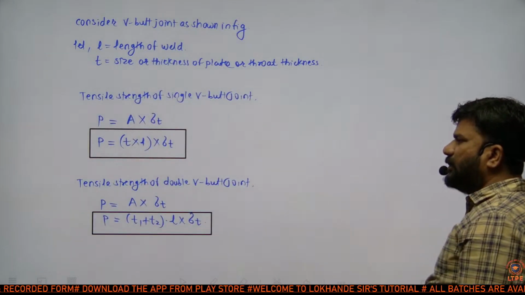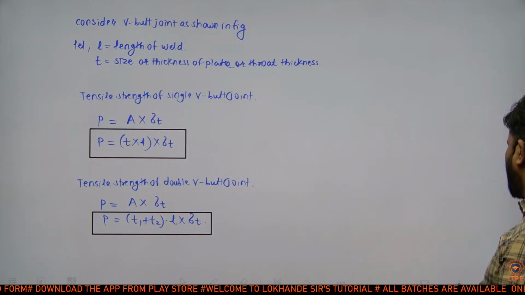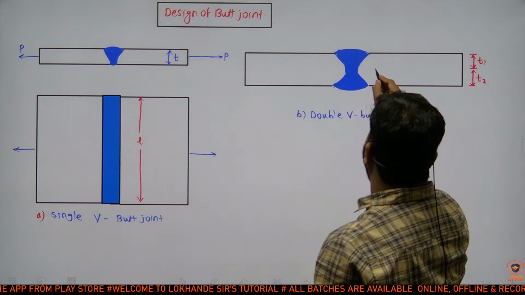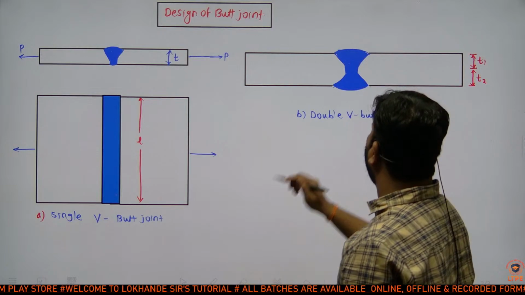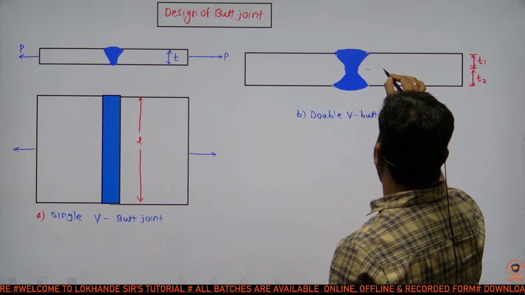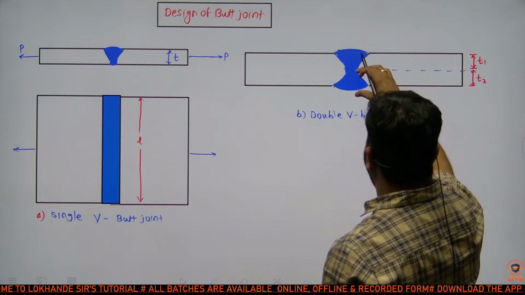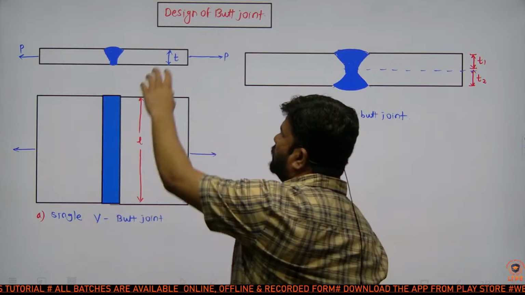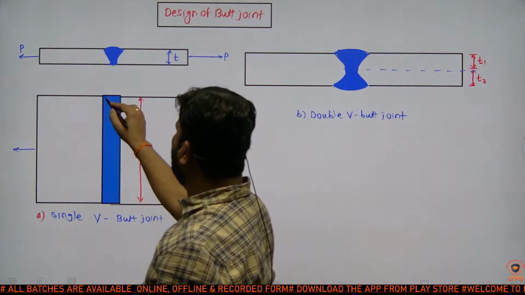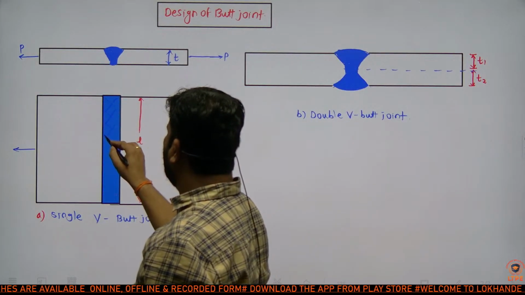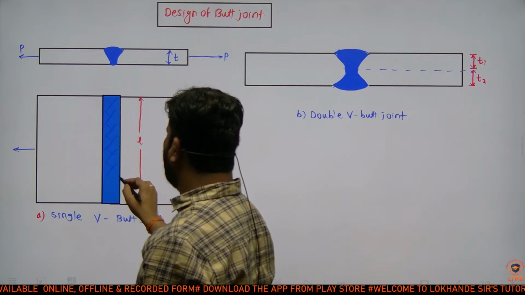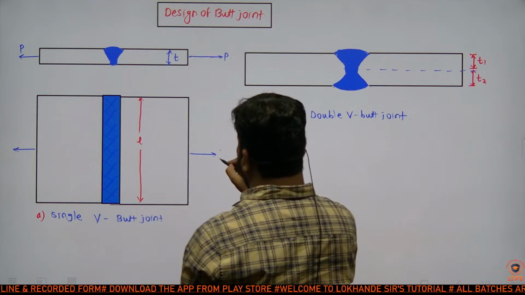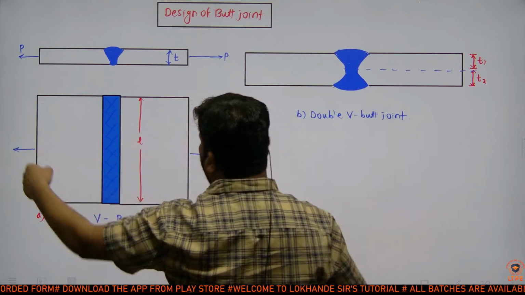So single V butt joint and double V butt joint. Now in case of double V butt joint, thickness is T1 plus T2. This is thickness T1 and this is thickness T2. Here only thickness is T. So T into L. So this is the area of weld which we have to consider while the tensile load is applied on the joint.